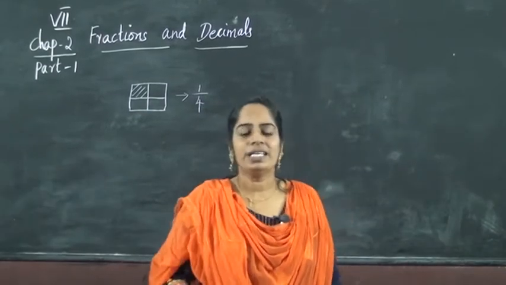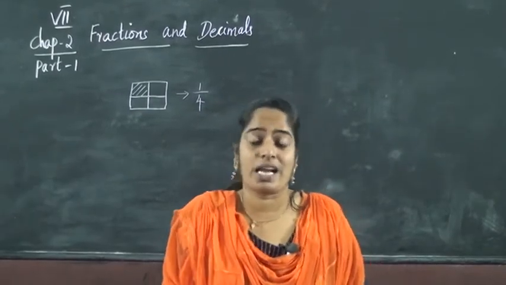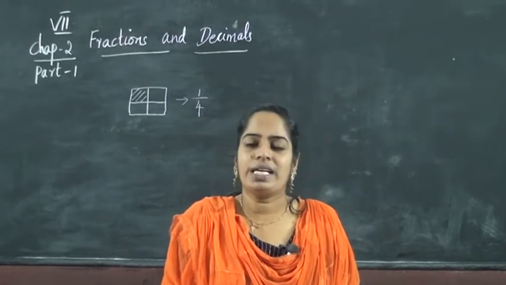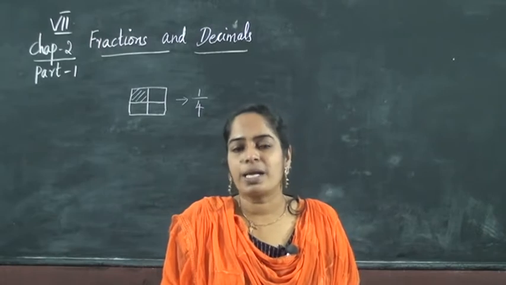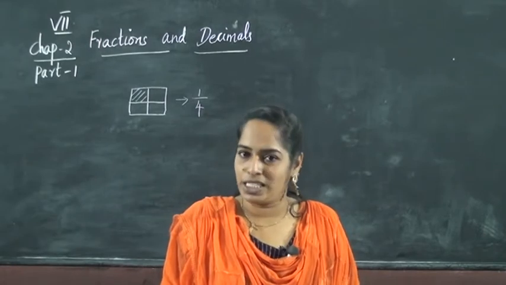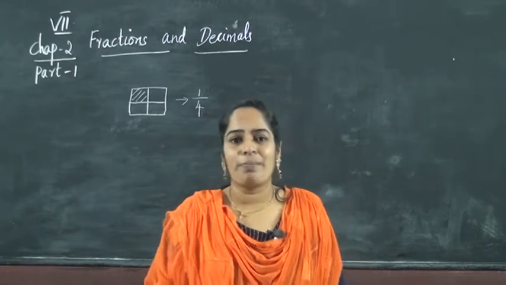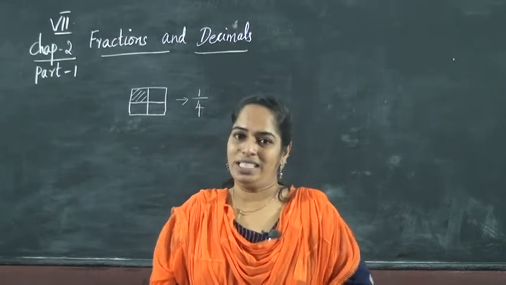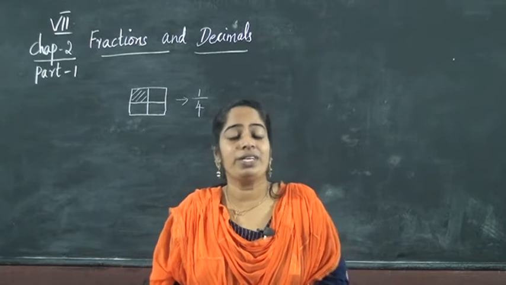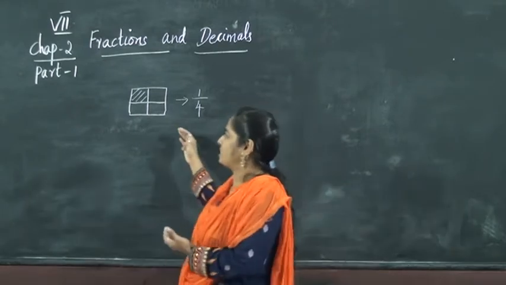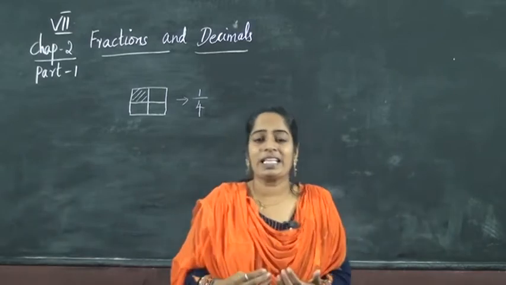We also studied how to add and subtract these fractions in the lower classes. You are already in 7th standard, so this is a smaller class, isn't it? You will be thinking like that.